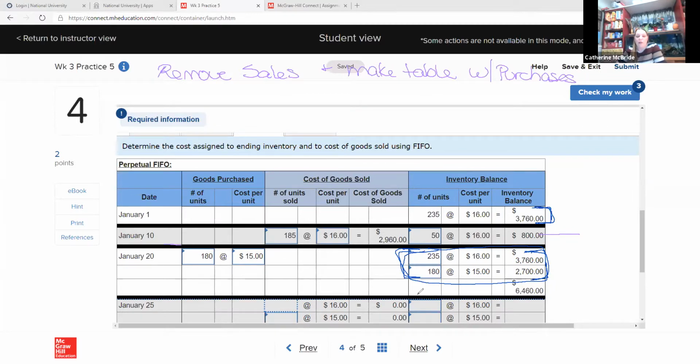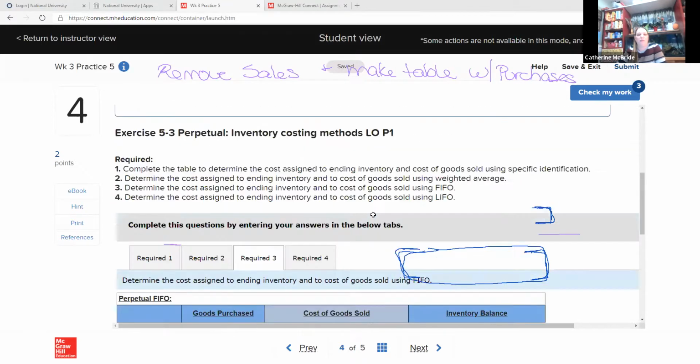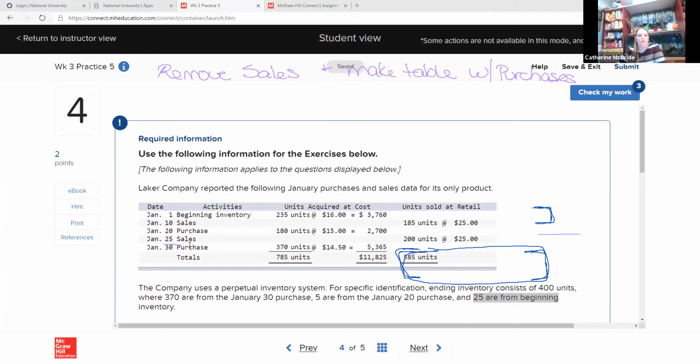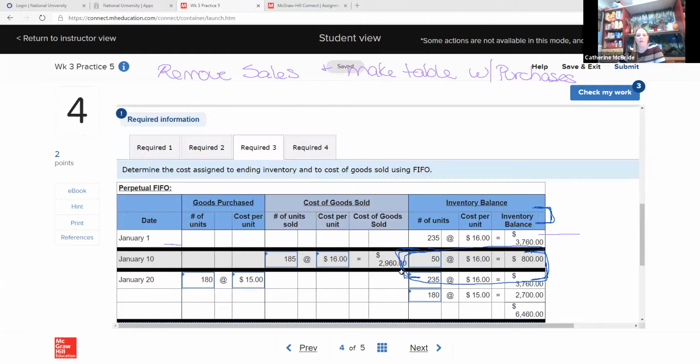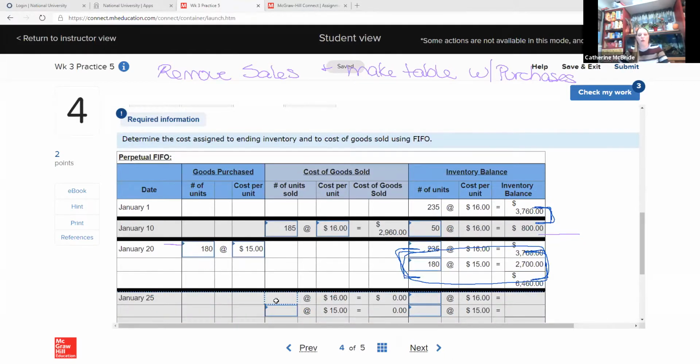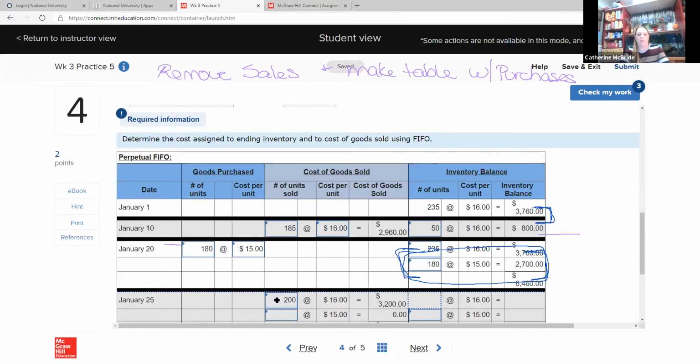And the way we're going to do that is we're going to say, okay, on January 25th, I sold 200 units at $25. All right, so I'm going to go down here, and this is where it gets fun. I sold 200 units. Now, the problem is I'm going to erase that box because I put it somewhere where it's hard to see.